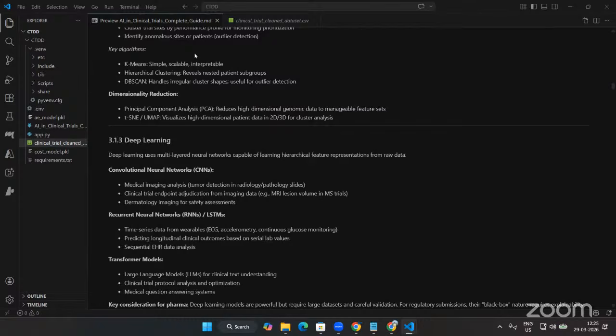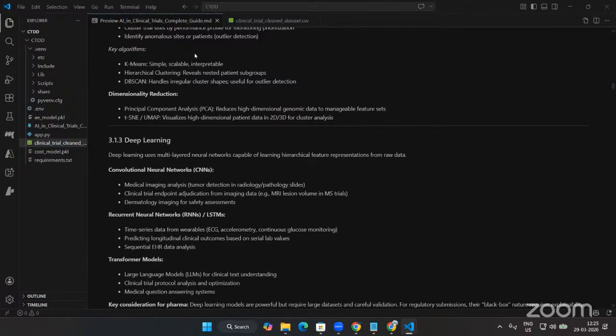Then it might be able to handle 20 parameters, but for 200 parameters, you will require extensive hardware to process that data. So in that case, we try to reduce the dimensions.